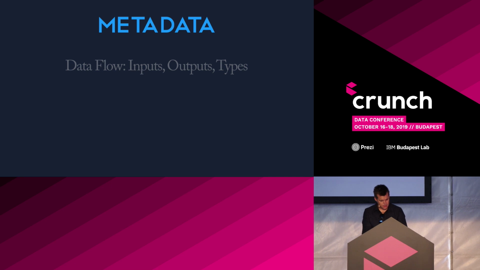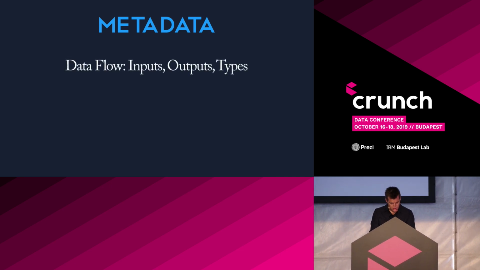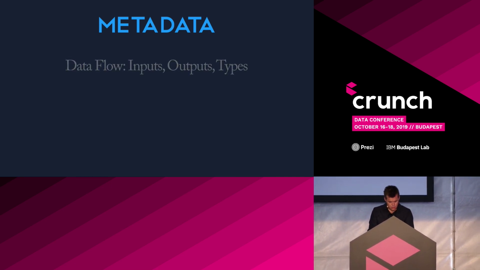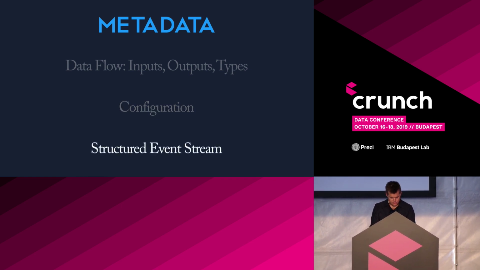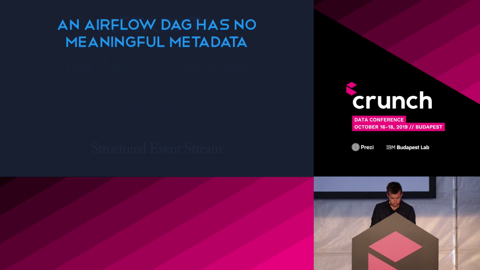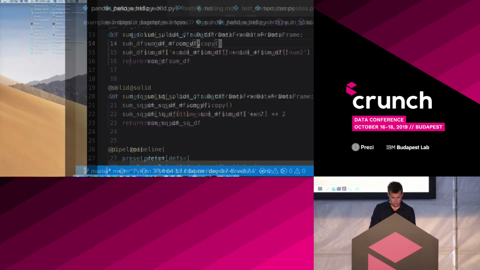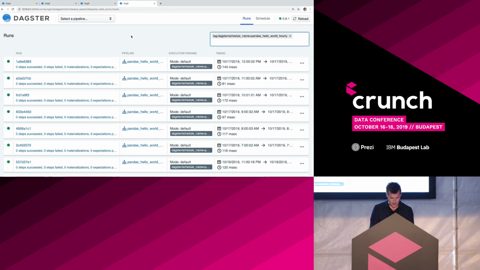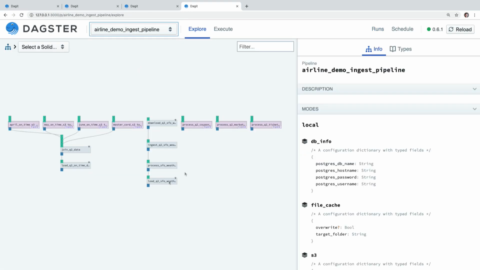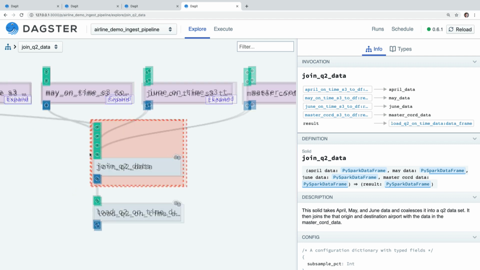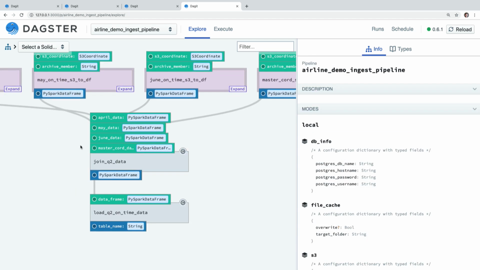Metadata. I'm actually going to skip to my demo here and talk more about this metadata stuff. So let's go to a more complicated DAG. This is a more real DAG, okay? There are a couple things I want to point out.